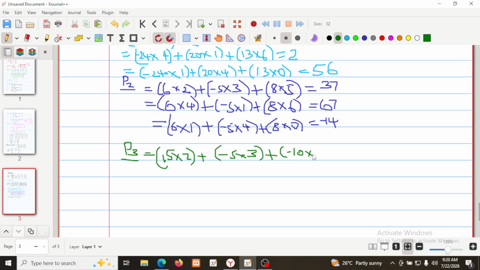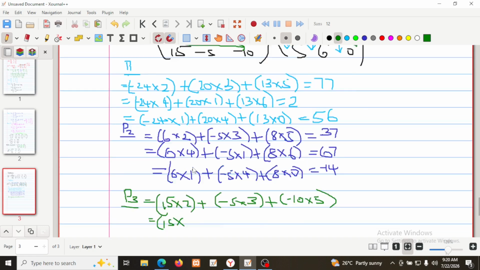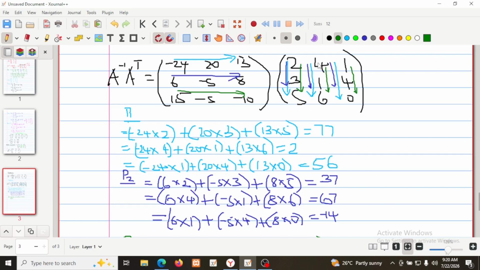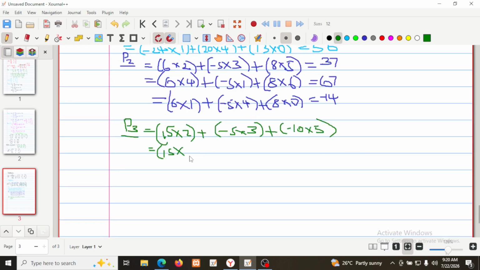times 5. So next we begin, we are multiplying 15, now the second column times 4, then negative 5 times 1, negative 10 times 6.